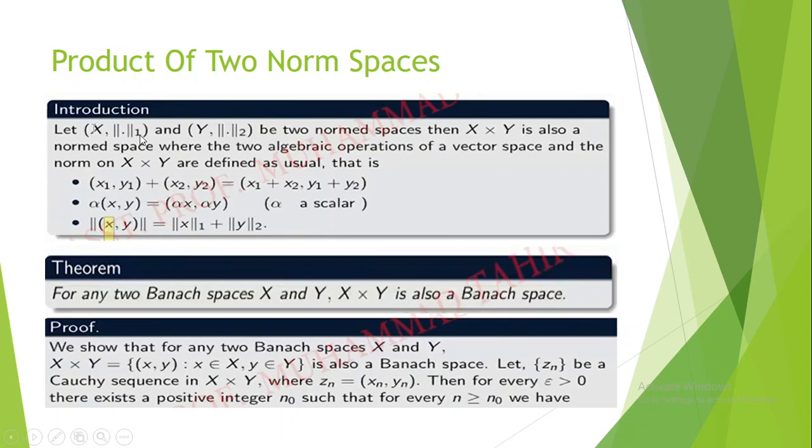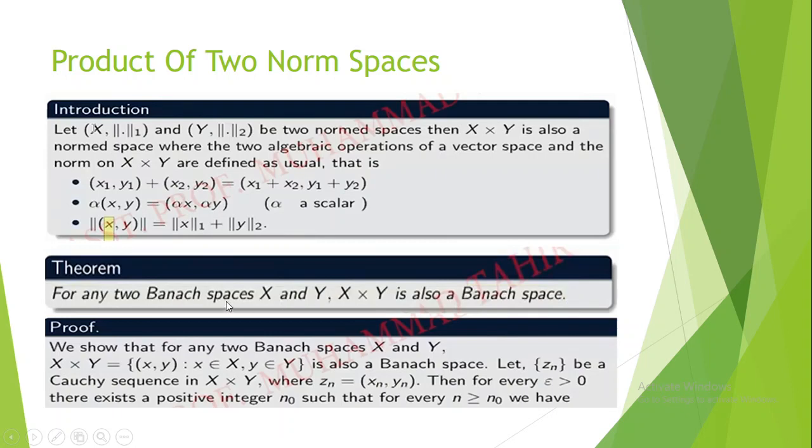The norm of the ordered pair in the Cartesian product, the set of all those ordered pairs, will be like this: the norm of x1 plus the norm of y1, which we denote by the norm of (x, y). So we have an important theorem for any two Banach spaces X and Y.